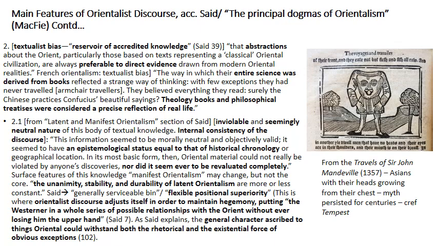So a kind of sub point here, which I've taken from the section of Orientalism called Latent and Manifest Orientalism, is the inviolable and seemingly neutral nature of this body of textual knowledge, the internal consistency of the discourse. So essentially, one of the things Said says is that this discourse about the East, Orientalism, tends to be very internally consistent.